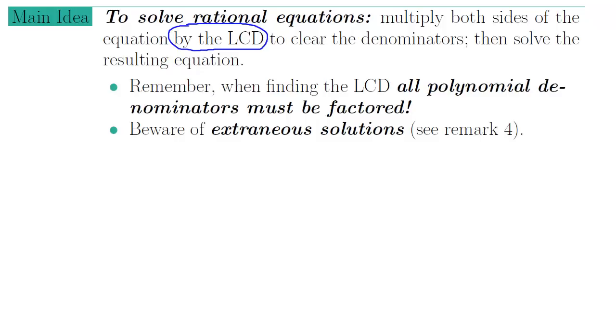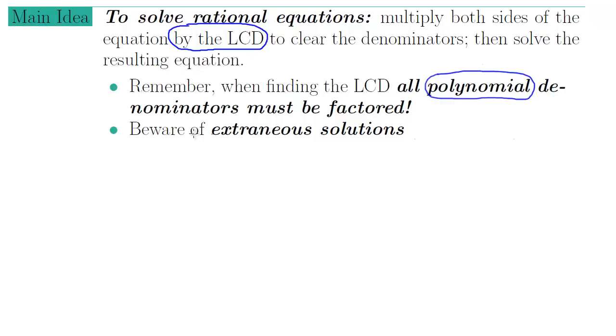A couple things to remember. When you're finding the LCD, if you're just dealing with numbers, like in the previous example, the LCD is going to be another number. But if you're dealing with polynomials in the denominator, you want to factor all the denominators. And then to build the LCD, you take each factor the most times it occurs in any single denominator.